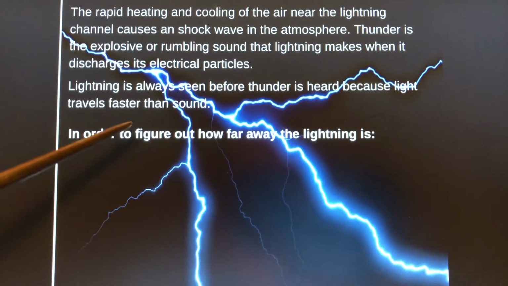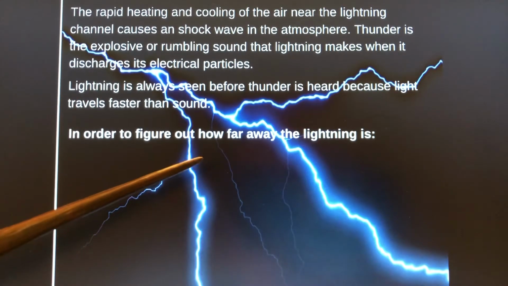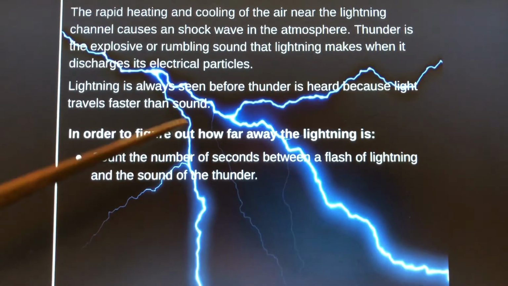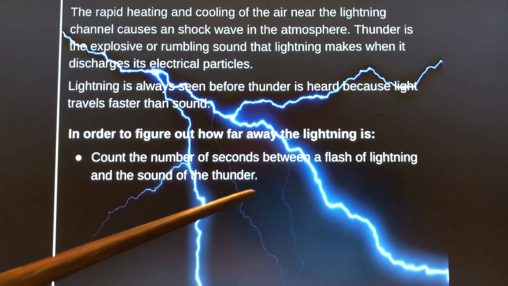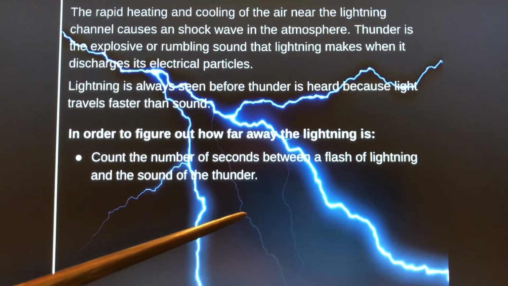You can figure out, however, how far away the lightning strike is. And I'm sure you've heard of this one before about counting the seconds. You count the number of seconds between the flash of lightning and the sound of thunder, but most people stop there. There's a second part to this calculation.